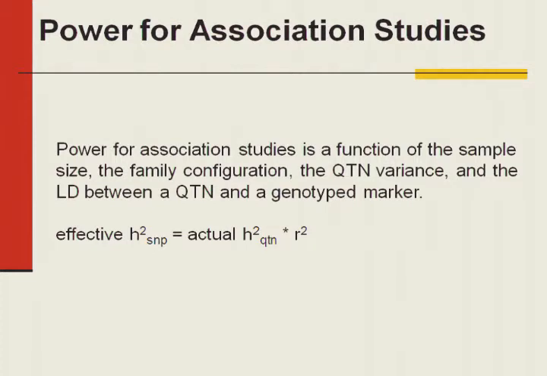So the effective marker-specific heritability that we're operating on for our power is the effect size of the functional variant times the R-squared measure of disequilibrium between the true functional variant and what we've got genotyped.